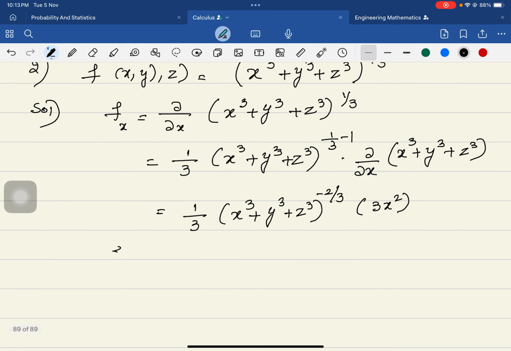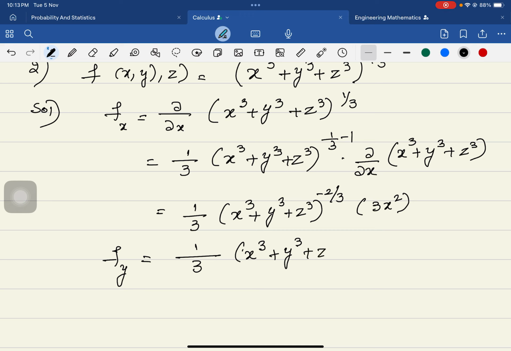Now you can start guessing and do the problem: what is f of y? The first term will be as it is, and only in this place you differentiate with respect to y, and that becomes 3y square. For z it is 3z square. That's the only change, and you have to make that very clear while doing the problems.